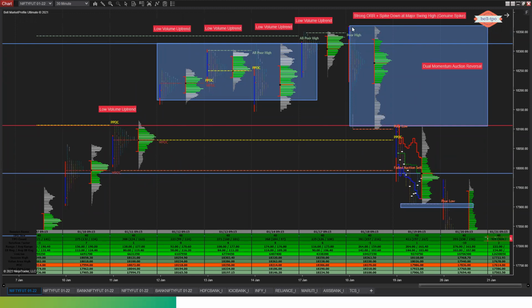When it is touching and rejecting, it had formed various important things, like a strong ORR, one of the ways a market tops out. Price opened with a gap up here, and then it dropped.